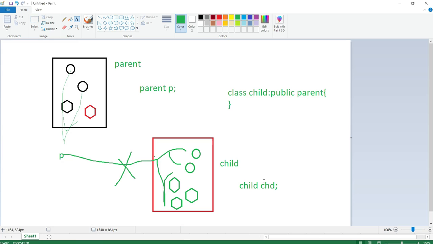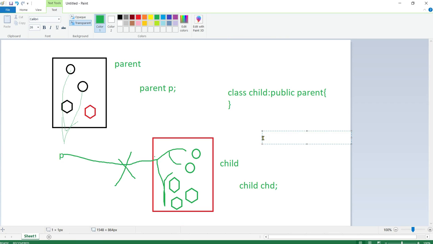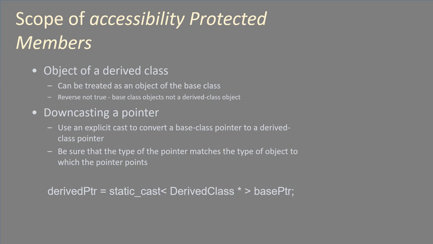In this case, you have to use a parent star. So this is downcasting. This was all about downcasting a pointer.